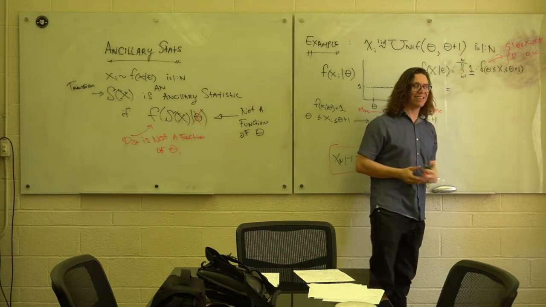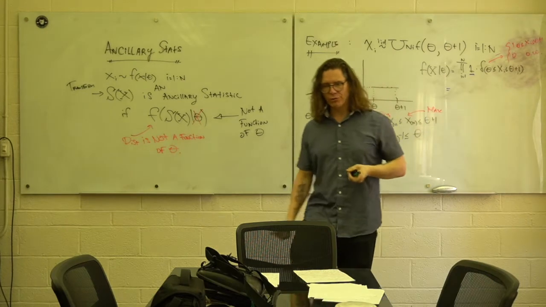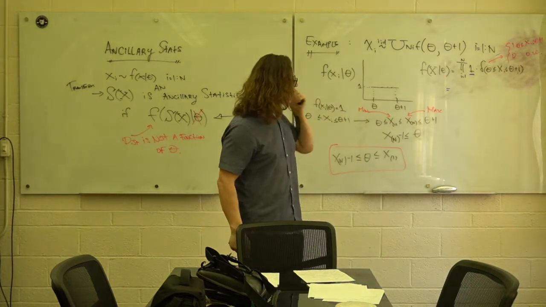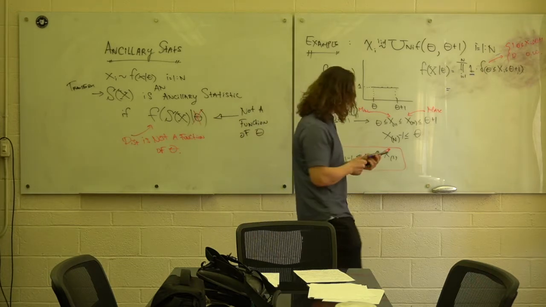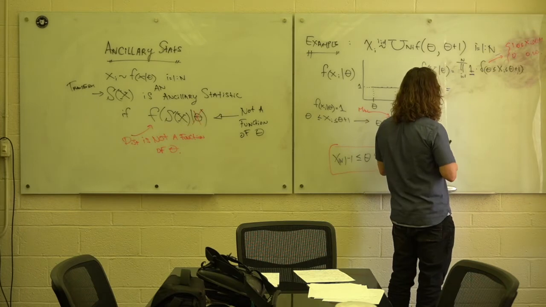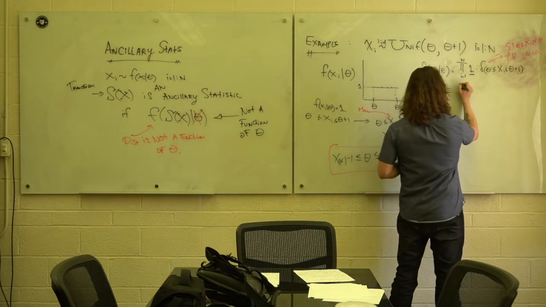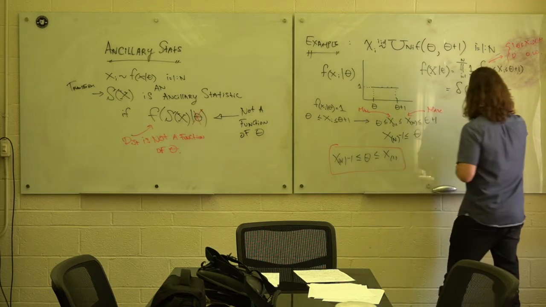I'm just producting together 1s if the constraint is adhered to. So if you told me theta, you told me the xi's, those would all be inside of that unit interval. So this is exactly the same thing as just writing down the delta function for theta.